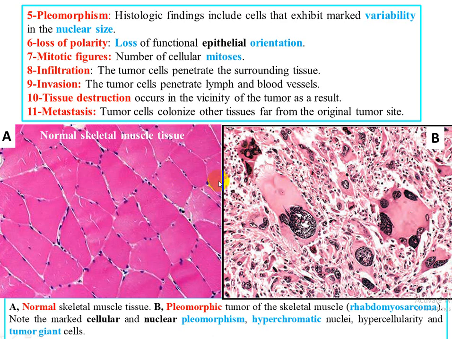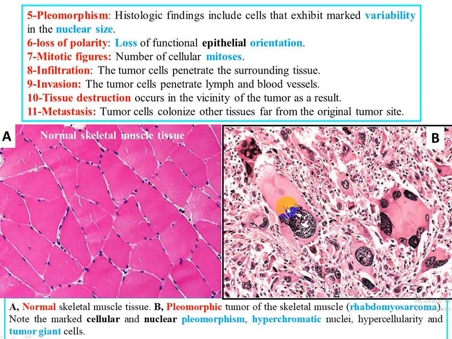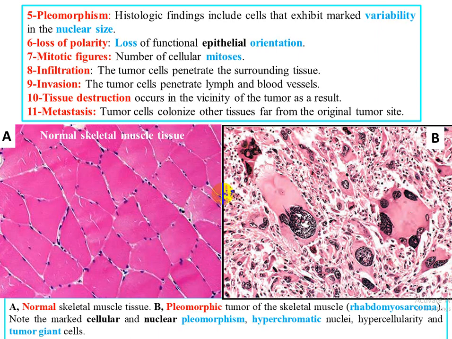The lower figures reveal a typical example of a malignant tumor in skeletal muscle, rhabdomyosarcoma, a malignant tumor of skeletal muscles.